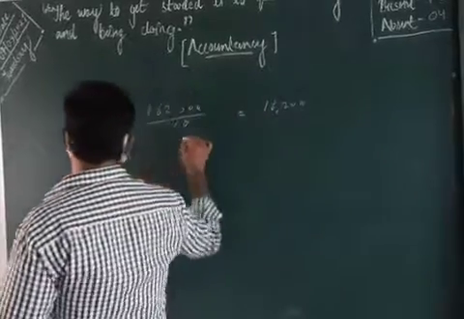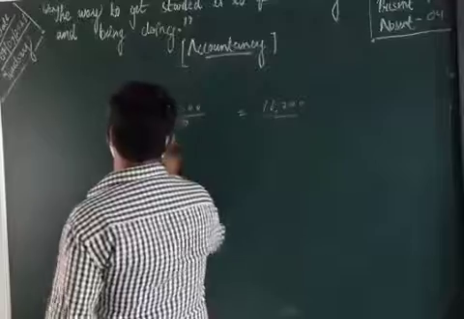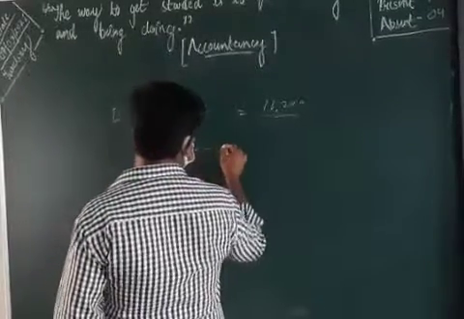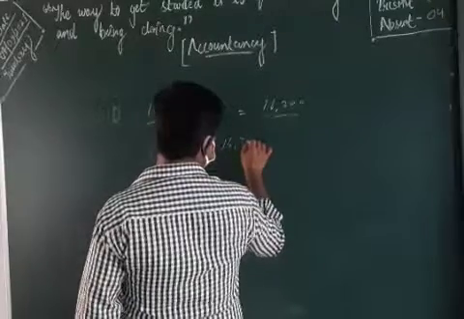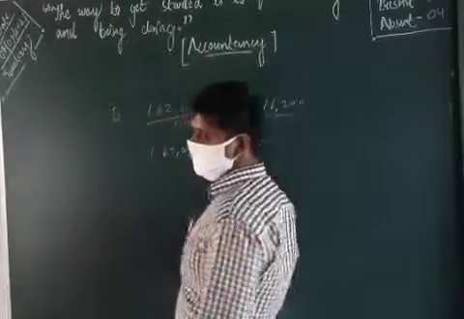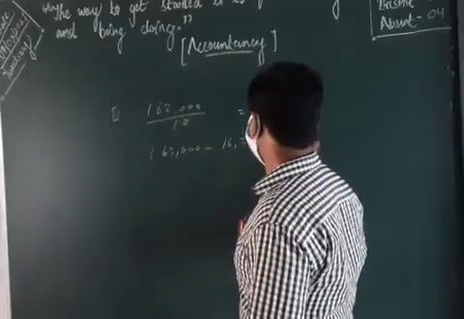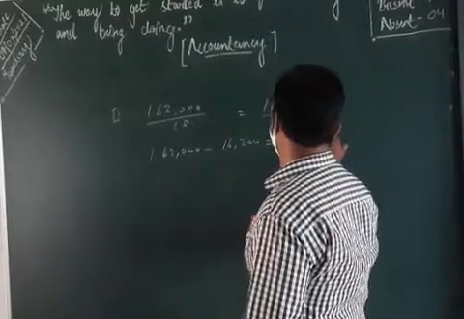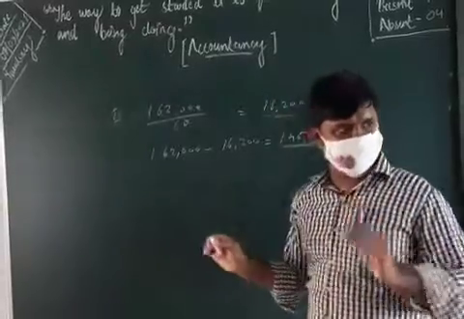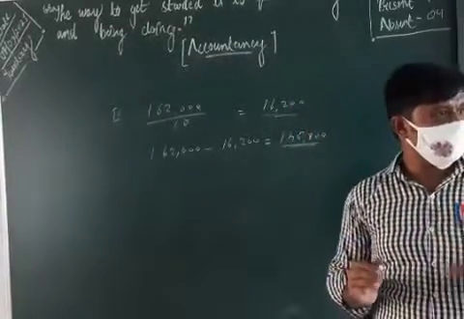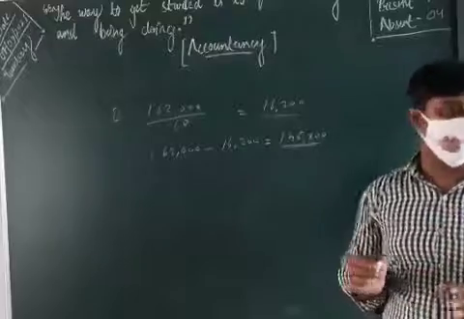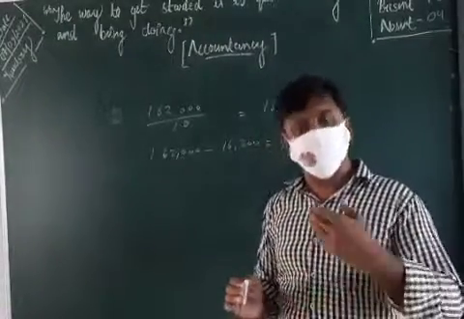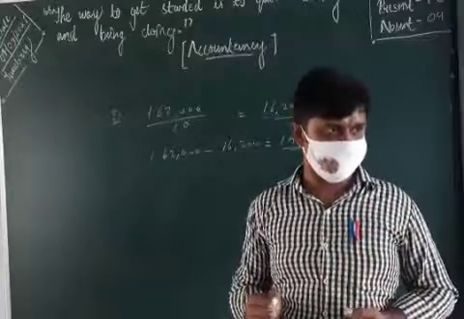This depreciation we find at the end of the year. At the end of the year we reduce 1,62,000 minus 16,200. How much is that? 1,45,800. See, each year the asset value is reducing. In the book we show the reduced value, and upon the reduced value we find the next year's depreciation.